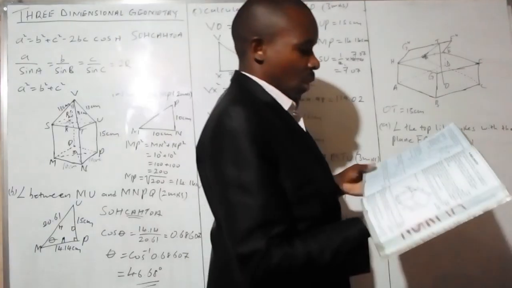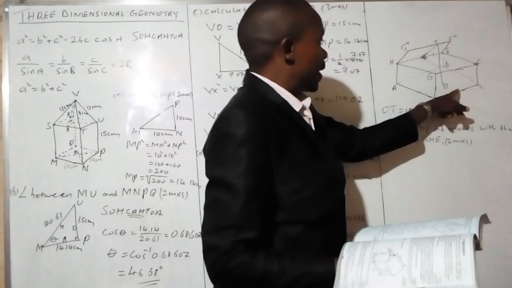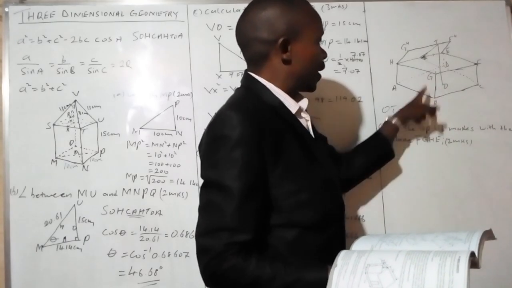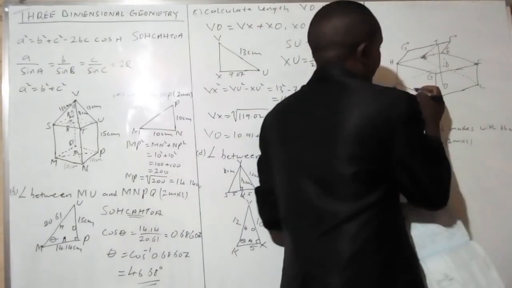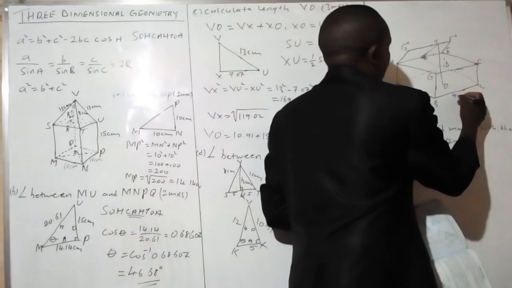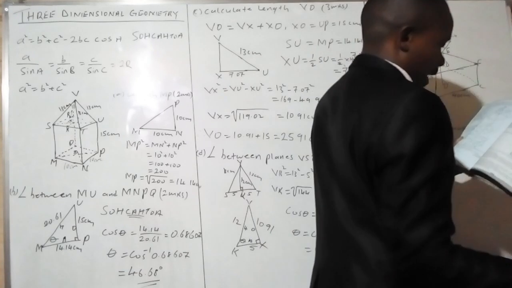But O, from this side up to the edge AB, it's 50. We have 50 centimeters, 90 centimeters, and 10 centimeters.